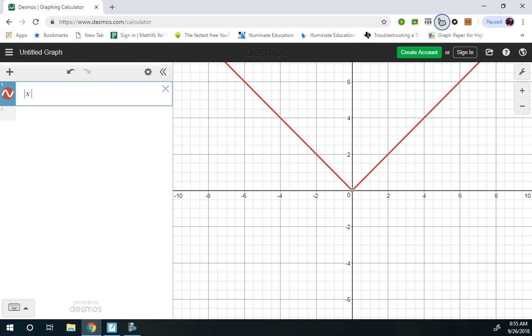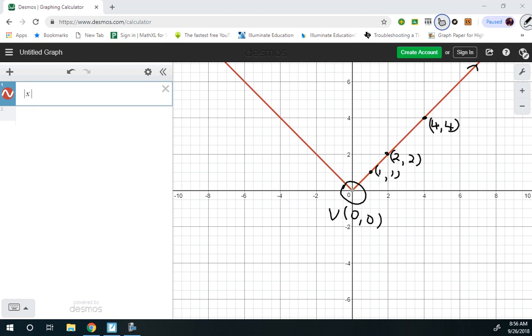A couple things we'll notice about it. Its vertex is at the origin. It's going to go through the point 1, 1, the point 2, 2, the point 3, 3, 4, 4, etc. What I don't like about Desmos is that it doesn't put the arrows on, but do be aware that the graph continues on that way forever.